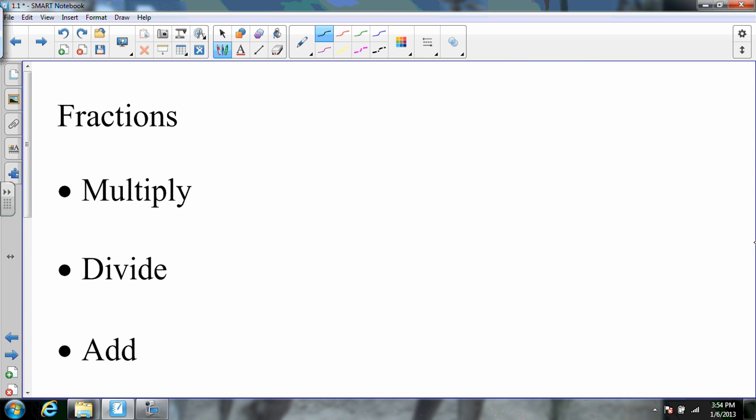There's many rules of fractions. When you multiply, you can either multiply across and then look to reduce, or you can look to cross reduce and then multiply across. Here, 2 and 5 do not reduce, nor does 3 and 4. So you just multiply across, you get 8 over 15, which is not reducible.